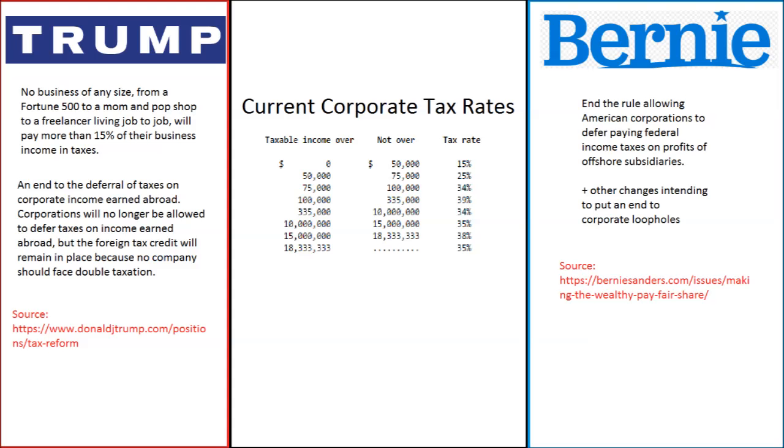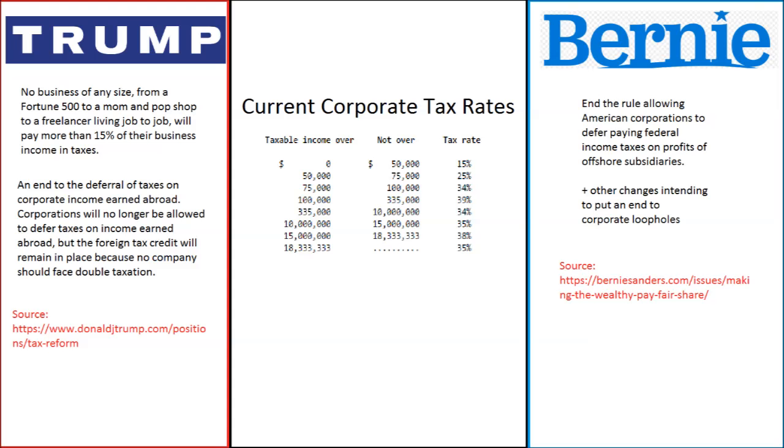And here's just one example from his website. It says he wants to end the rule allowing American corporations to defer paying federal income taxes on profits of offshore subsidiaries. And then he has a whole bunch of other bullet points on other changes that he would make to put an end to corporate loopholes.